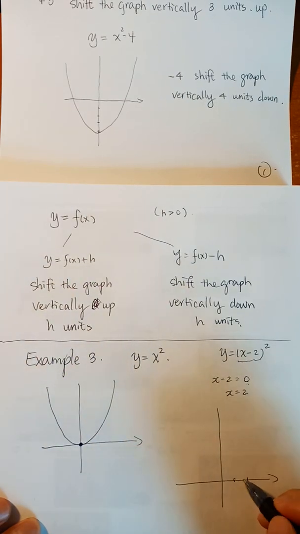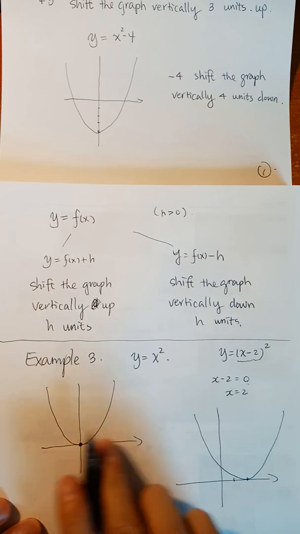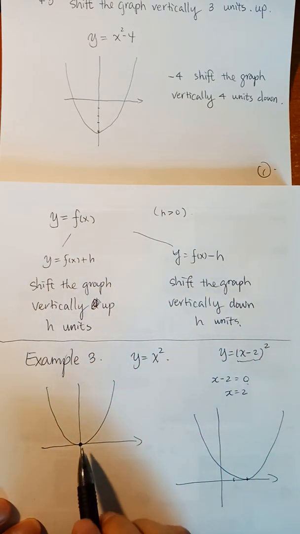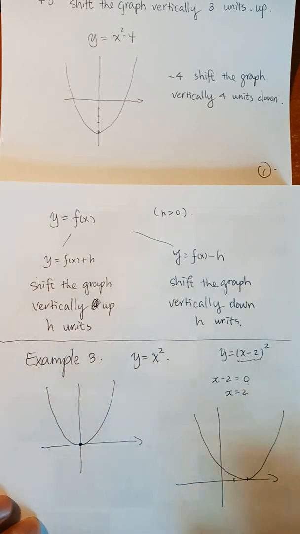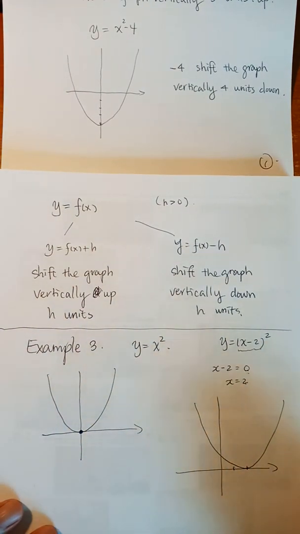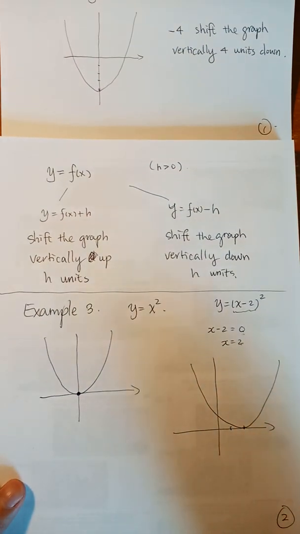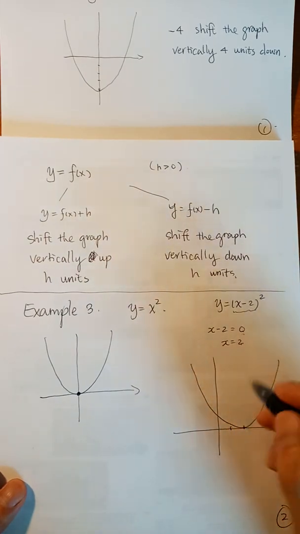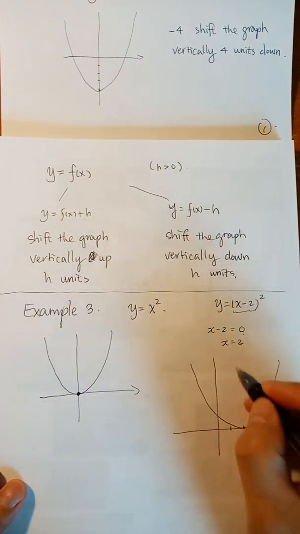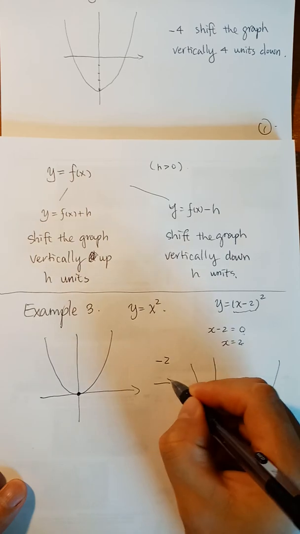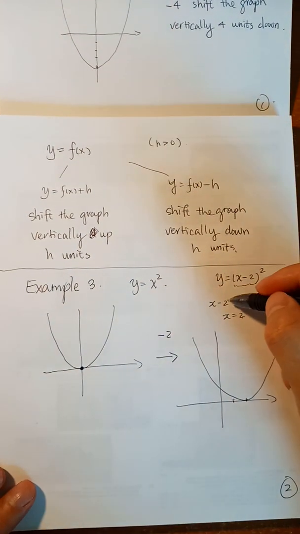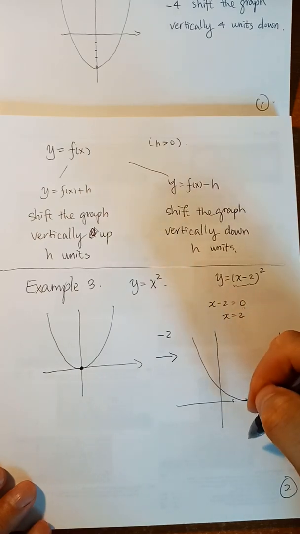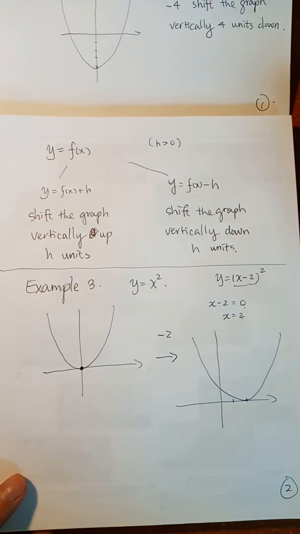So 0 is shifted to the point 2. Okay, so you shift to the right because 0 becomes 2, or 2 becomes 0. There's a correspondence between these 2 points. Okay, so you minus 2, you shift it to the right.